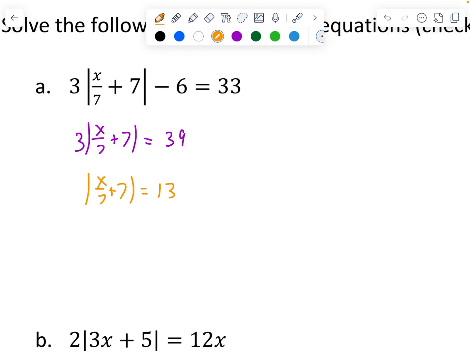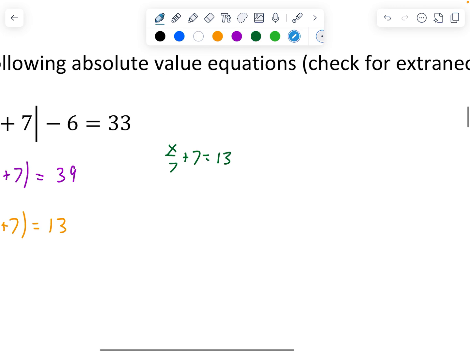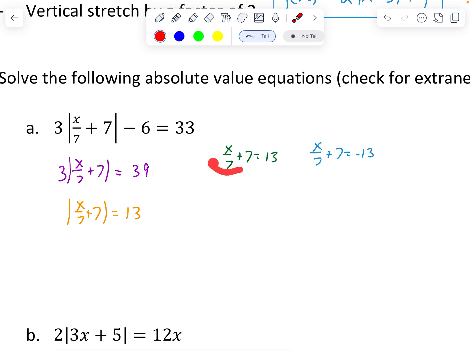Once you get the absolute value by itself, now we can set up our two cases, one of which is exactly what you see, x over 7 plus 7 equals 13. And our negative case is x over 7 plus 7 equals negative 13. Remember, this just represents a single number, so whatever you take the absolute value of, if it equals 13, you're good to go.